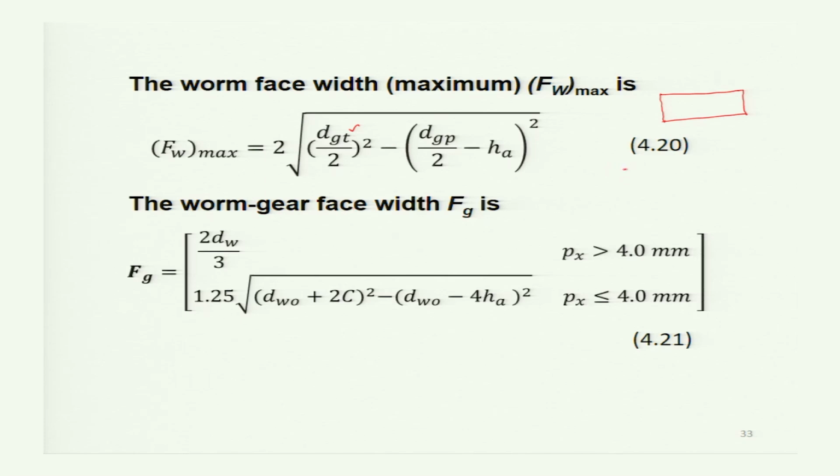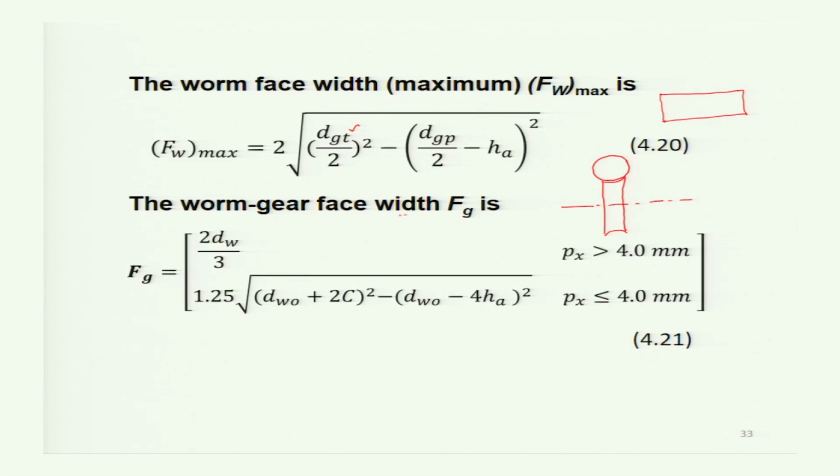That means you have a worm like this, and the worm gear enveloped like this, and this one. Okay, at this side also it will be like this. This is the worm gear.